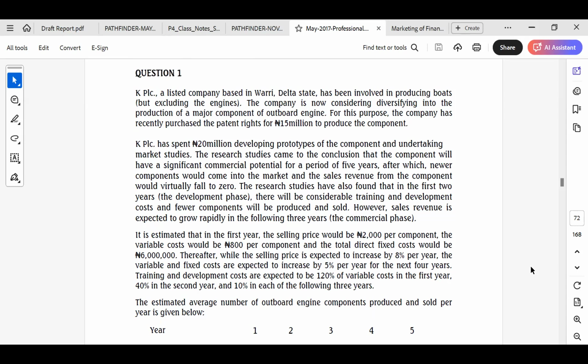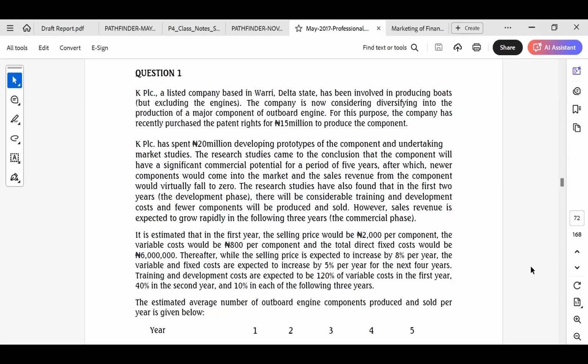KPLC, a listed company based in Warri, Delta State, has been involved in production of boats, but excluding engine. The company is now considering diversifying into the production of a major component of outboard engine. For this purpose, the company has recently purchased the patent right for 15 million naira.